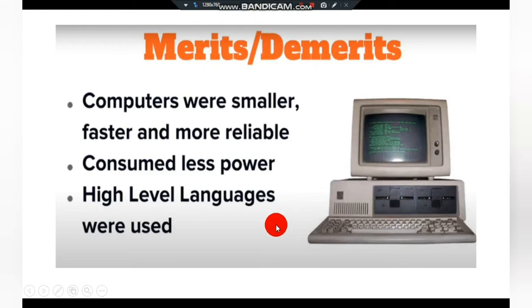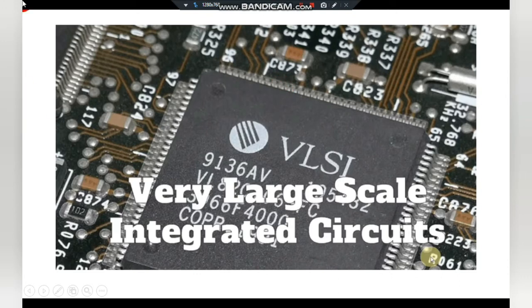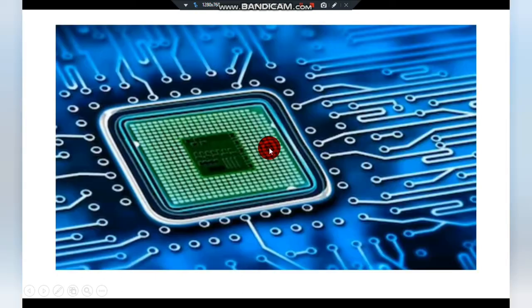Now we move to the next generation, the fourth generation of computers. The period for the fourth generation is 1971 to 1980. The circuit used in this generation is very large scale integrated circuits, also called VLSI.